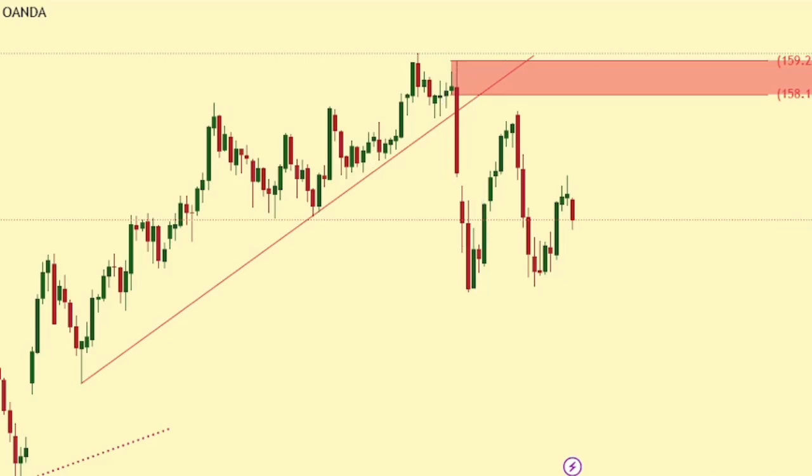If your supply zone no remove trend line, e no confirm strength. If price no break structure, price never prove control. This boss alone no be confirmation.